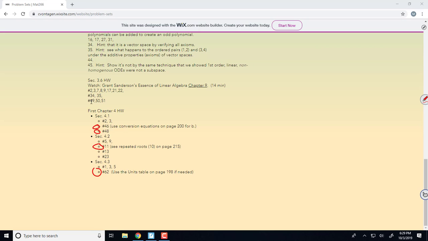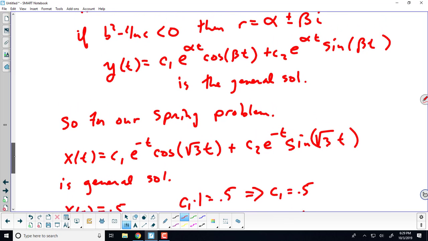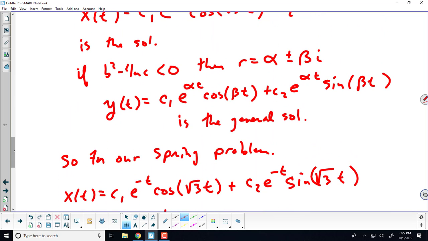So what I have left to do today is, in general, if the roots to your characteristic equation are alpha plus or minus beta i, why is this the solution to it? That's what we're going to spend the last bit of time on.